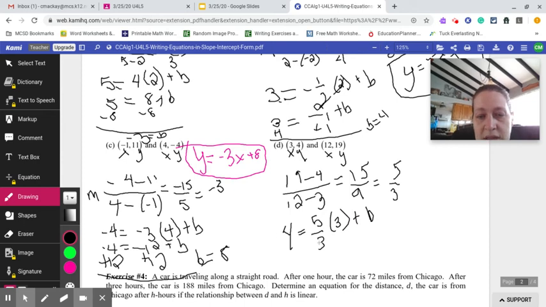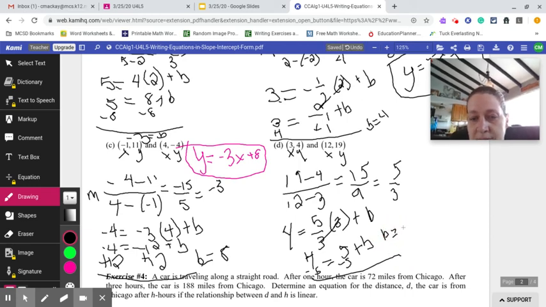Okay, these cancel each other off, which gives me 4 equals 5 plus b. Okay, I'm going to subtract 5 from both sides. And that gives me b equals -1. Okay, we're going to go ahead and write that in y-intercept form.